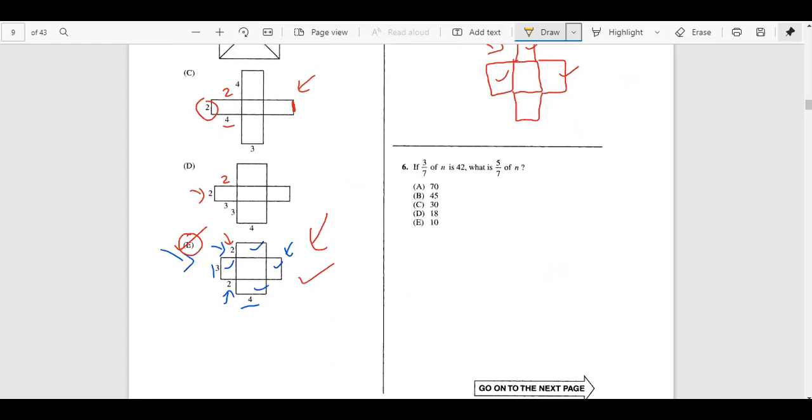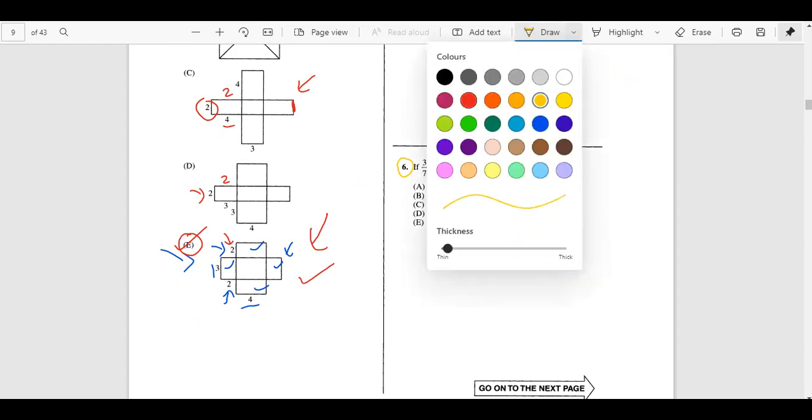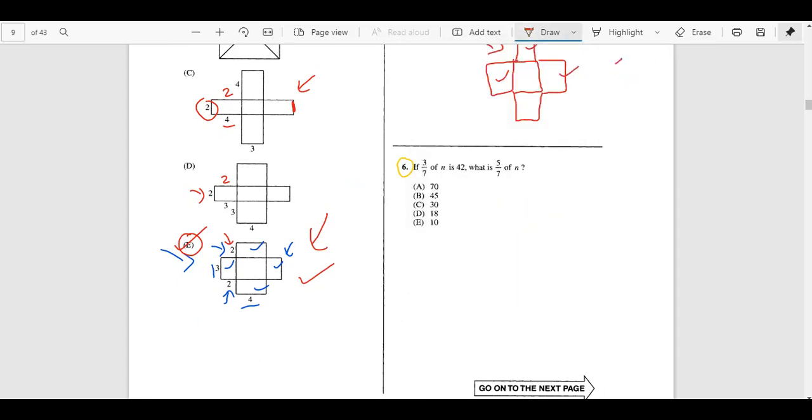Let's talk about the sixth question now. If 3 by 7 of n is 42, what is 5 by 7 of n? First, we need to understand this mathematically. So 3 by 7 of n is 42, right?